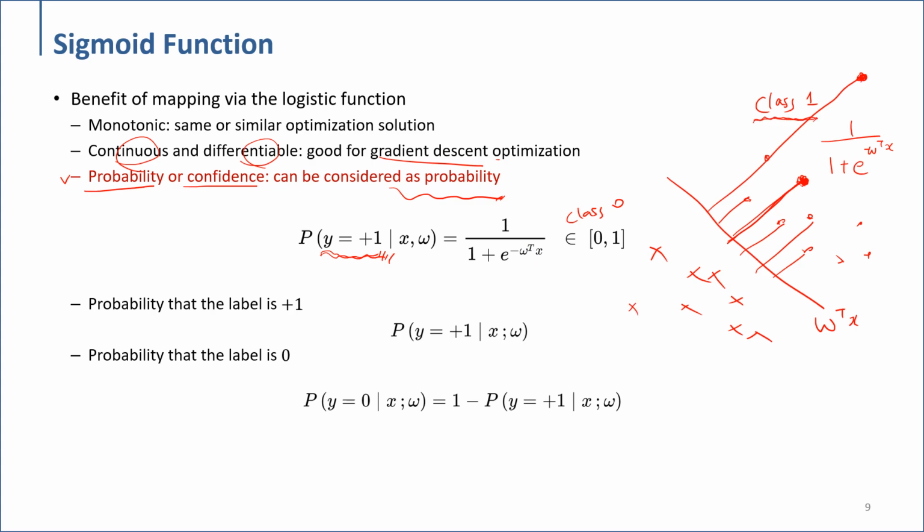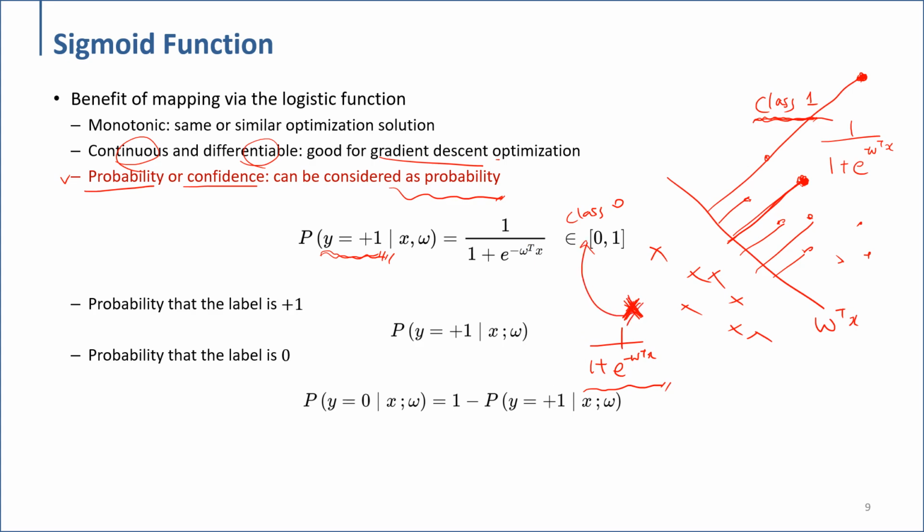But in the case of this point, the value would be negative, so the logistic value would be really low. That means this data point is not probable to be class 1, so it can be classified as class 0.